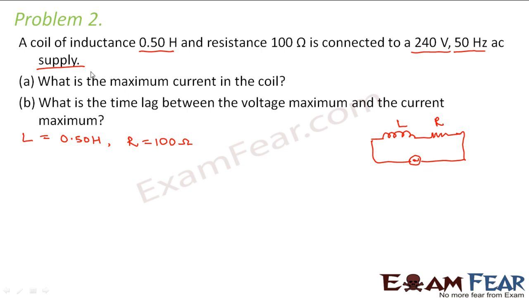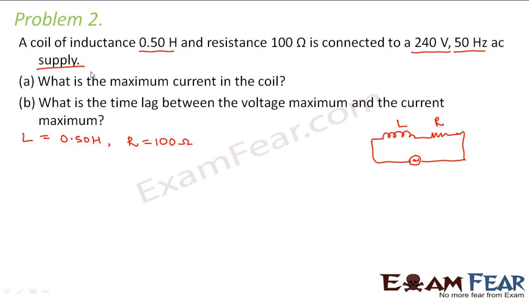So whenever we talk about power supply and we talk about a discrete value of the effective value of alternating current, it means the RMS value, right? Because if I am saying it is connected to a 240 volts AC supply, we know that for AC supply the voltage keeps changing. So what is this 240 volts? It cannot be instantaneous value because that value has to be for a specific instant.